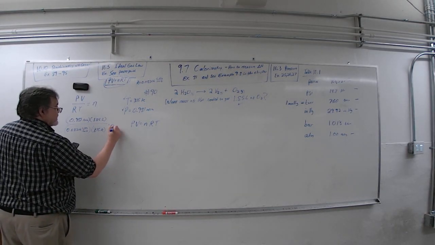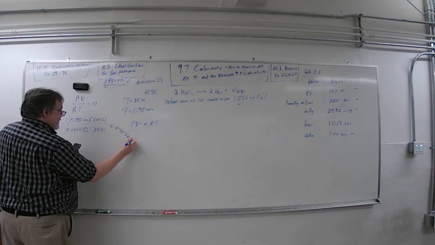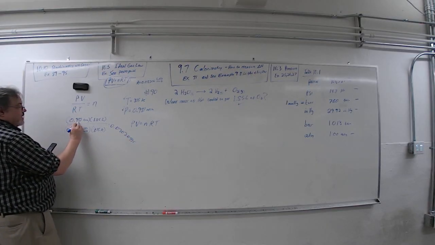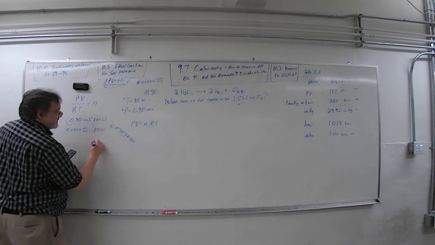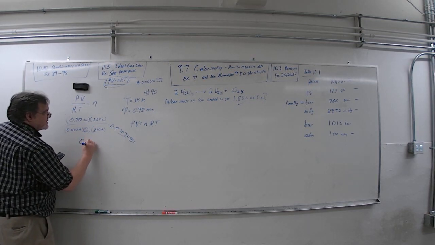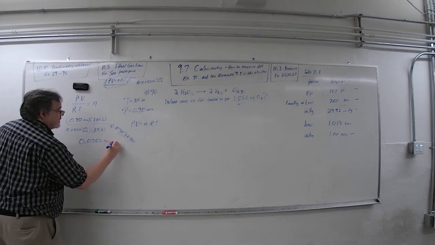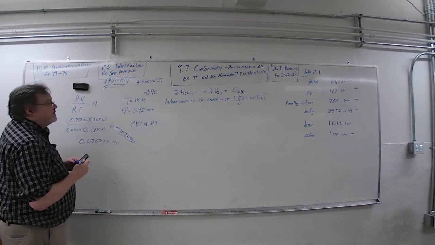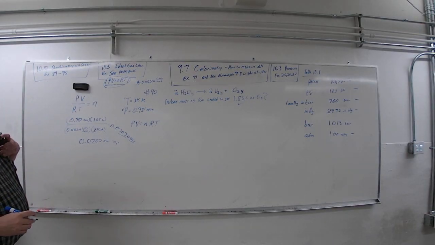The moles I get here is 0.0702, and I'm keeping the 702. All right. The rest of this should look familiar.